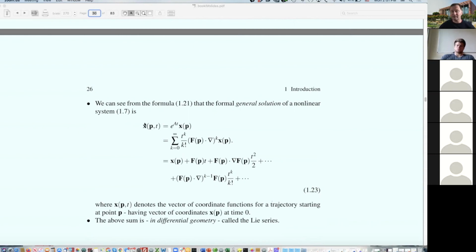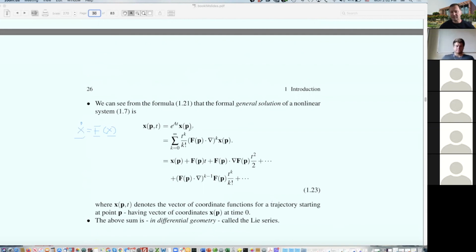We can write for now the system x dot is f of x. That the solution can be written as e to the at x of p.